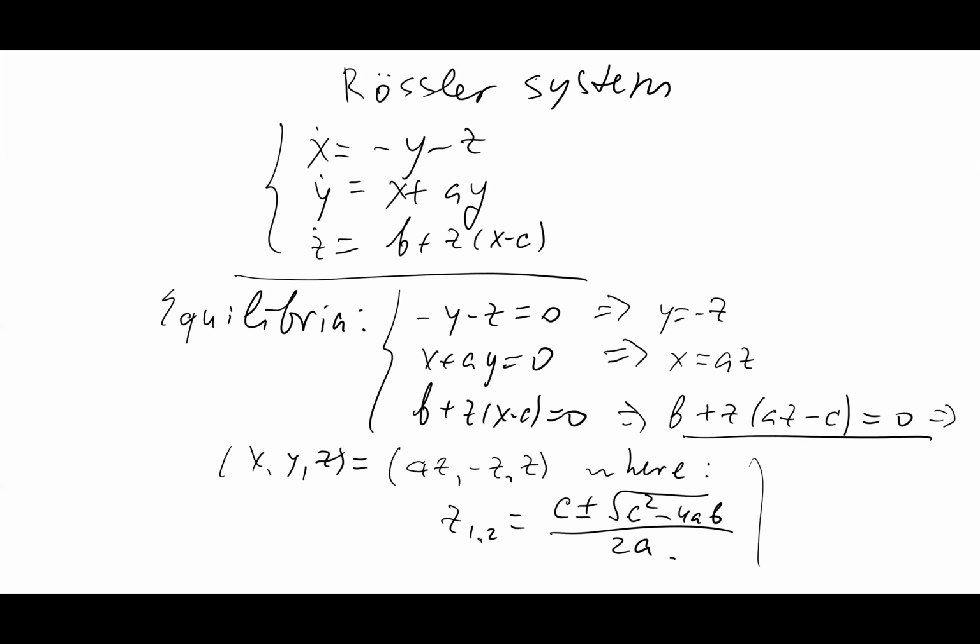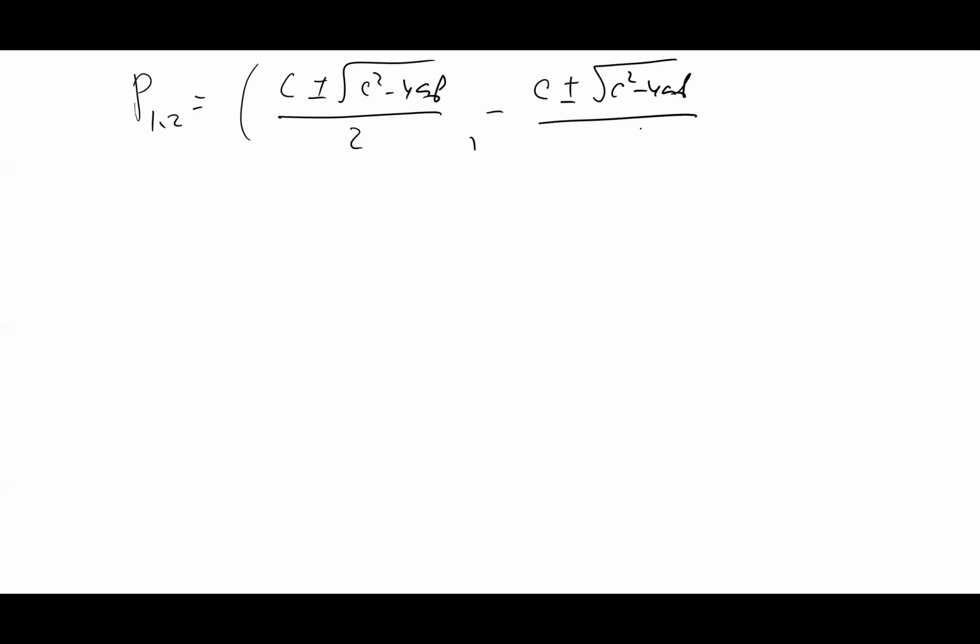Let's put it like this: P1, 2 equal to c plus minus the square root of c squared minus 4ab over 2, here minus c plus minus the square root of c squared minus 4ab divided by 2a, and here the same expression, without minus, c plus minus the square root of c squared minus 4ab divided by 2a.